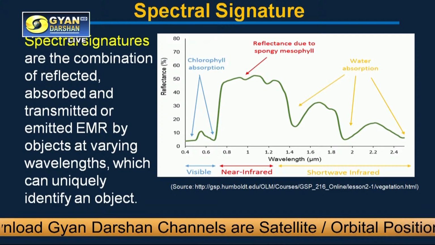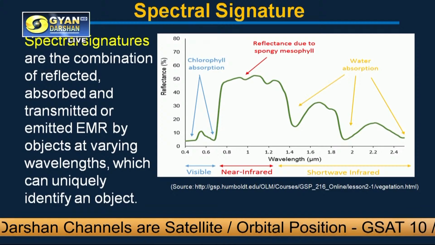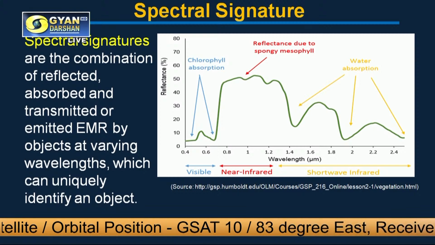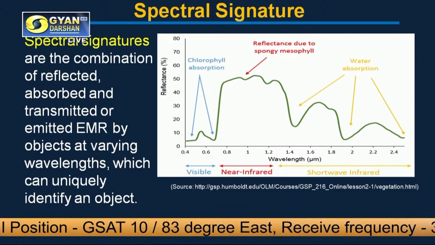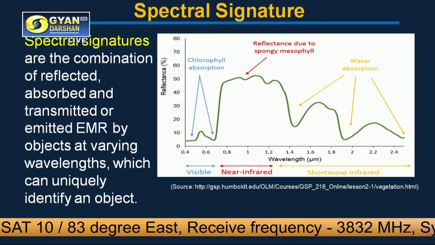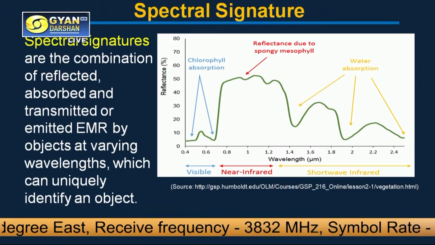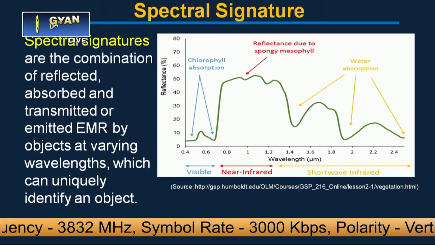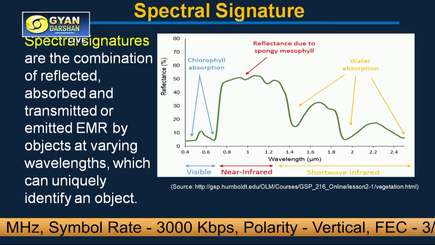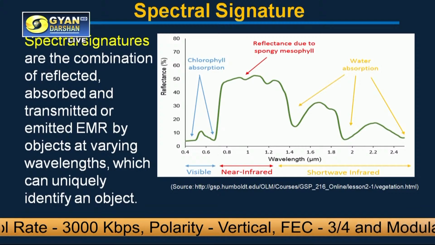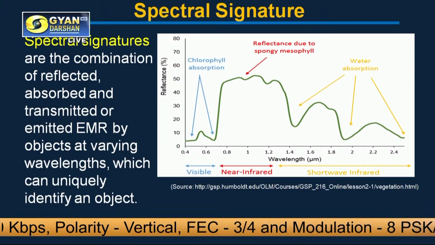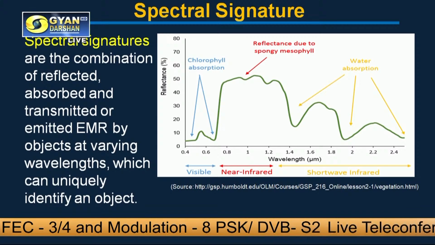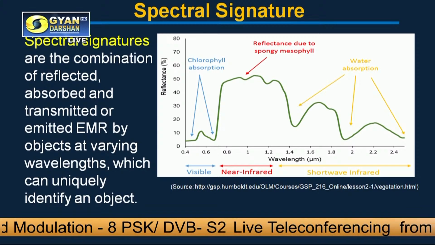In this graph, you can see the spectral signature of vegetation, which shows absorption and reflection in different spectral regions. Chlorophyll content causes higher reflectance in the NIR region, and the presence of moisture content causes absorption in some wavelength regions.